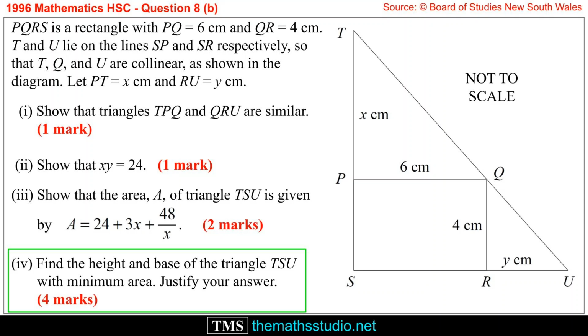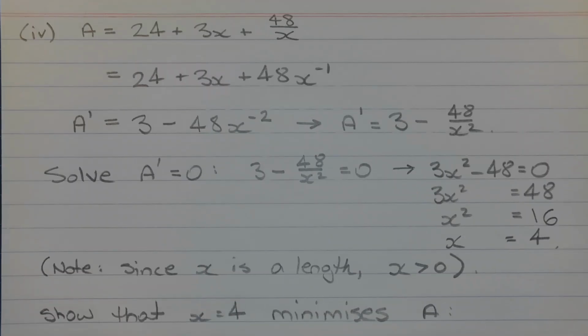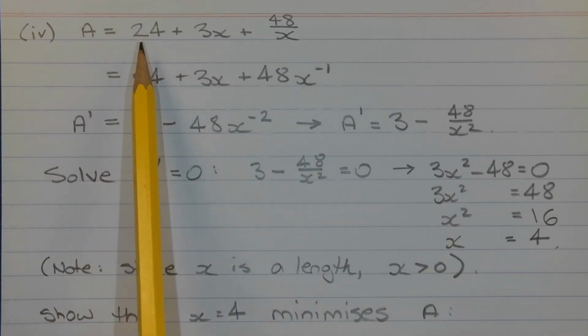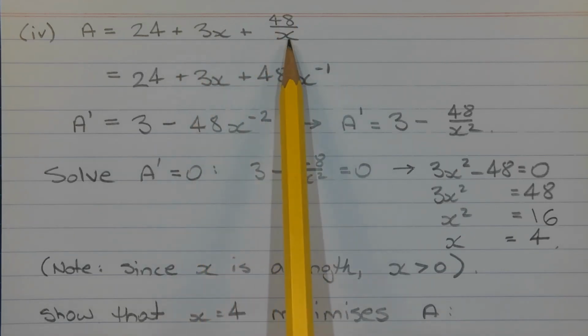Part 4. Find the height and base of the triangle TSU with minimum area. Justify your answer. The area A with respect to x of triangle TSU is given by the equation A equals 24 plus 3x plus 48 over x.